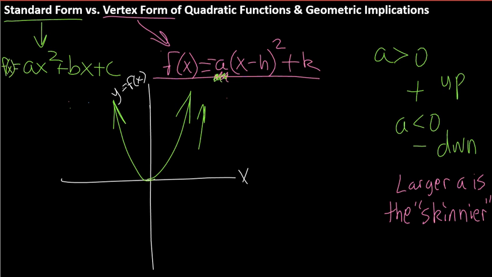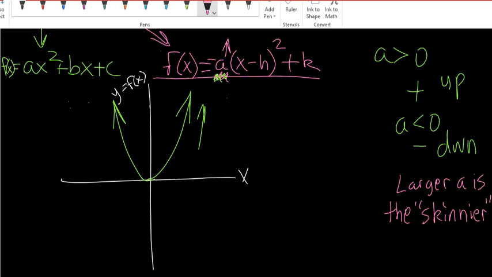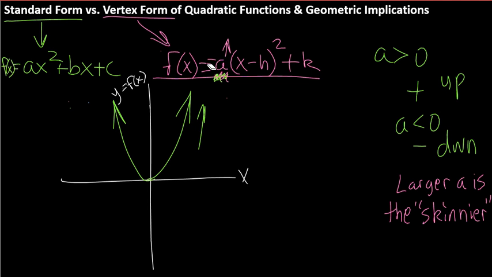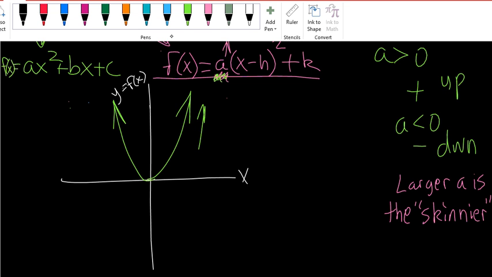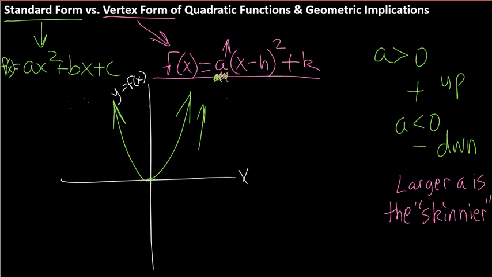Okay, and what this means is, so let's say a was bigger than it is now. Let's say a was 2 originally, and now it became 60, right? That means our parabola is going to get skinnier because it's increasing more quickly. Okay, it's increasing faster. You guys are a great audience.